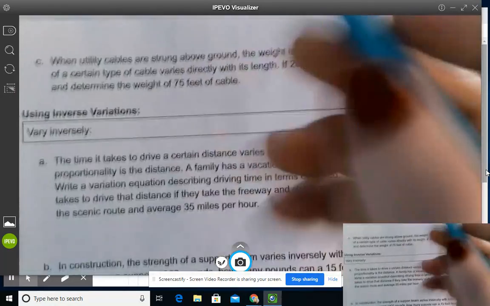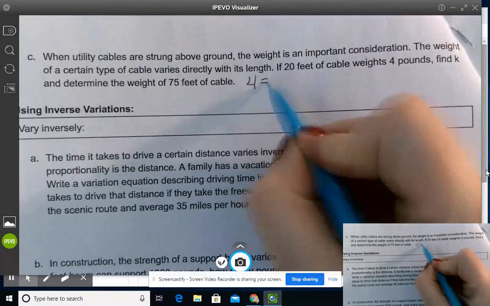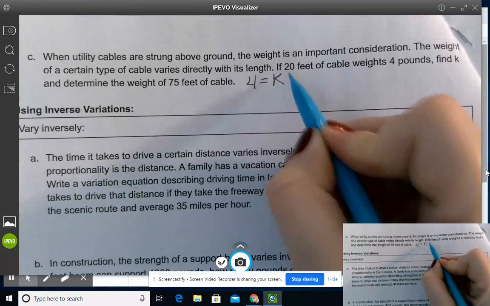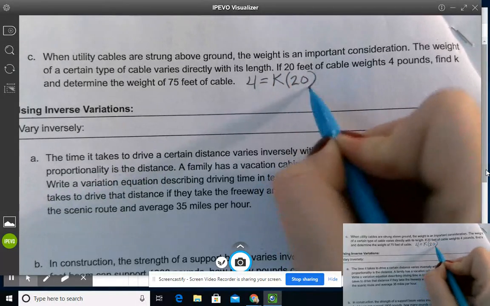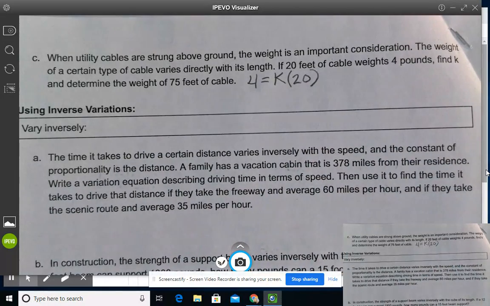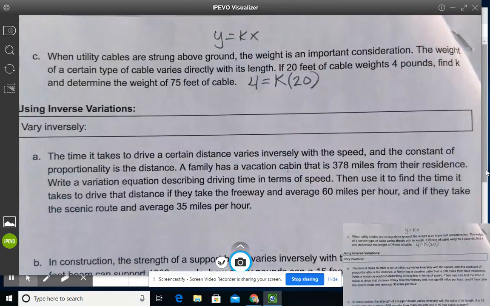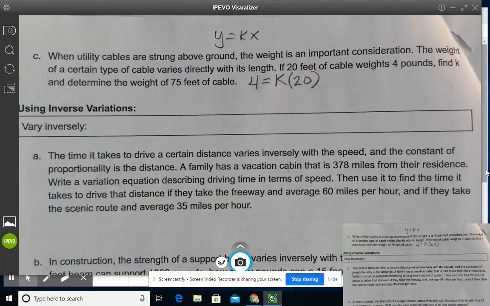So if I set this up in an equation, I know that 4 pounds is going to be equal to something that varies directly if I were to plug in 20 feet of cable. So you're using the same equation, but what they've done is given you an x and y point in terms of your equation. They've given you a combination of information and you plug it in where it goes.